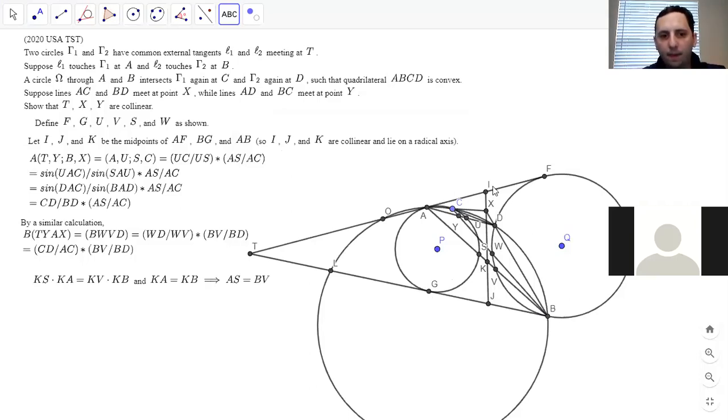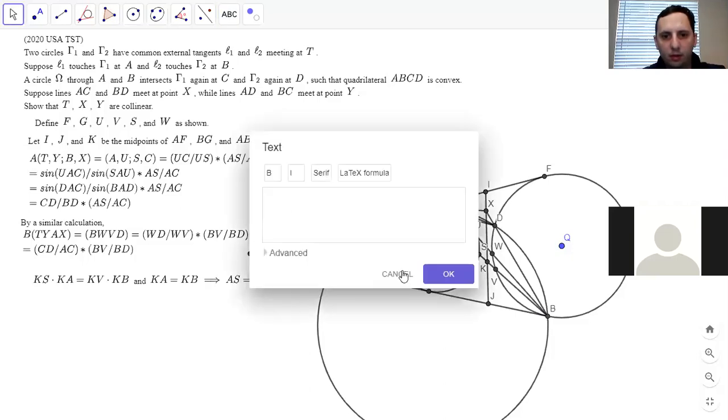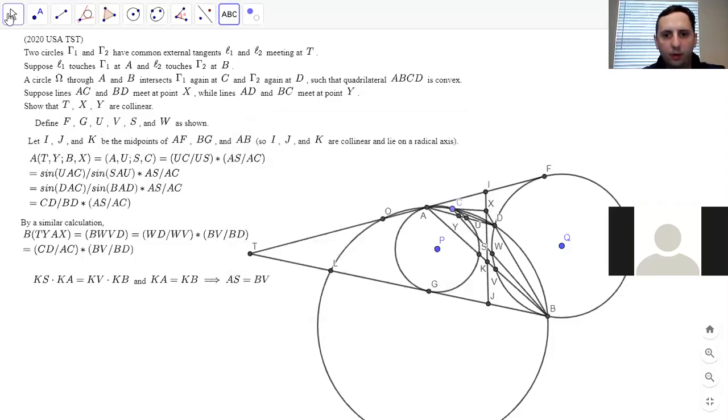Yeah, we should just say that AG is parallel to BF. Since AG is parallel to BF.